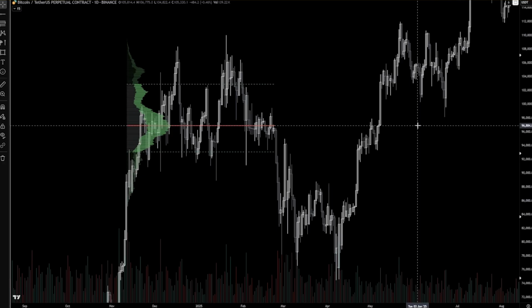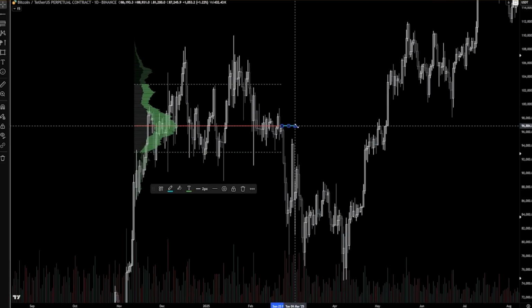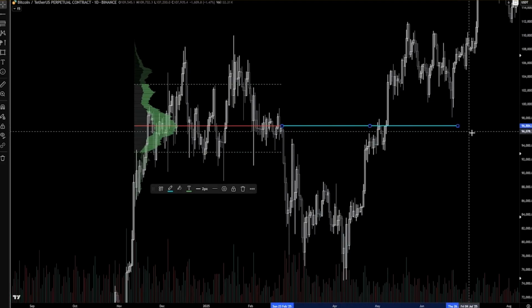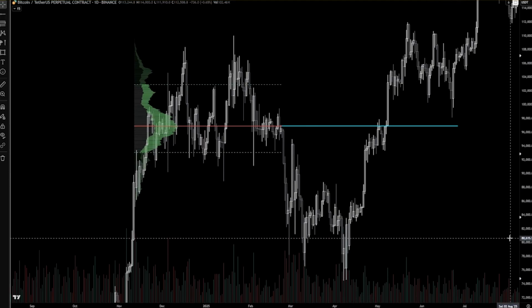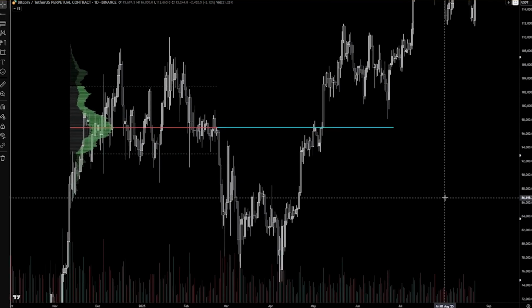Remember when we were looking back at that area a couple months ago? For the previous range after it lost it? Pretty cool.